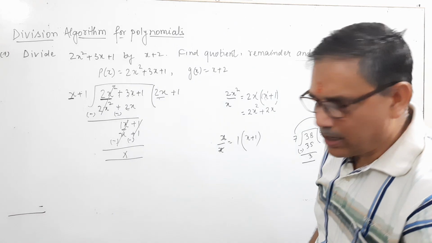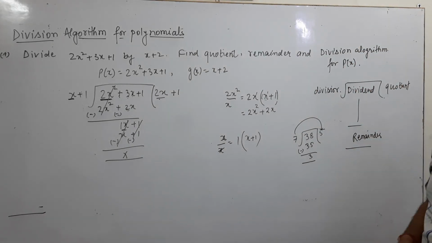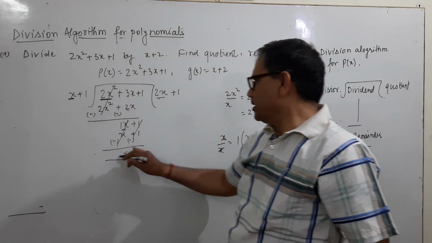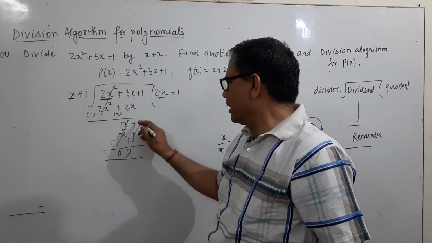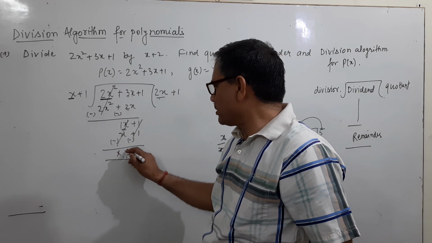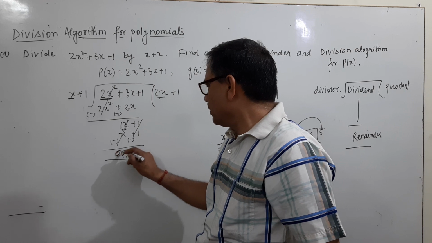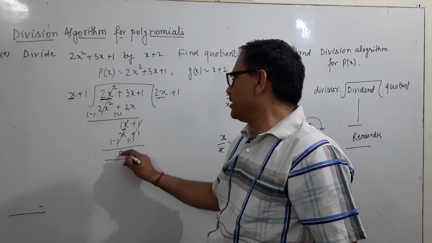The remainder is 0. One point here: when the remainder is 0, we can cut it or put 0. Either put a cross or put 0. Cross means they are cut, the remainder is 0.